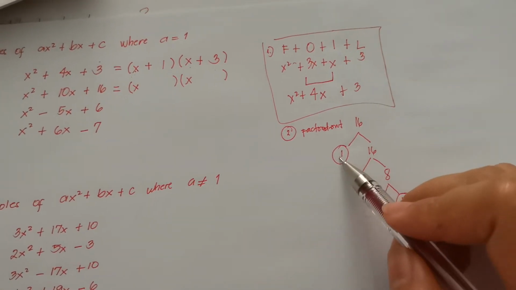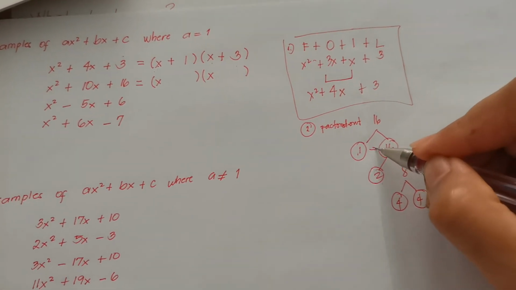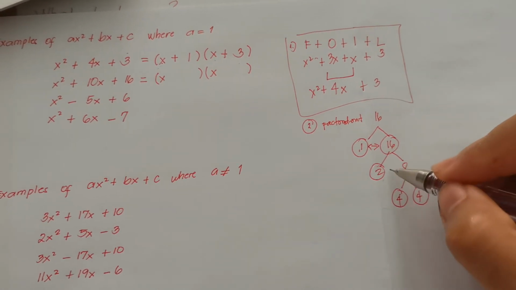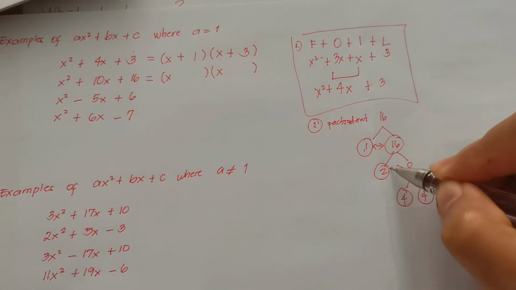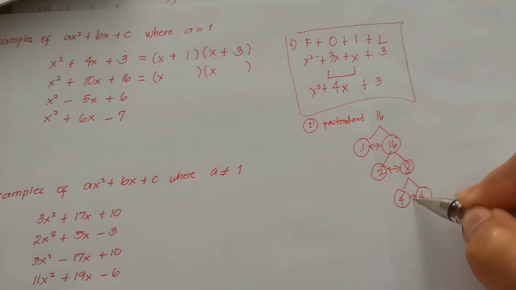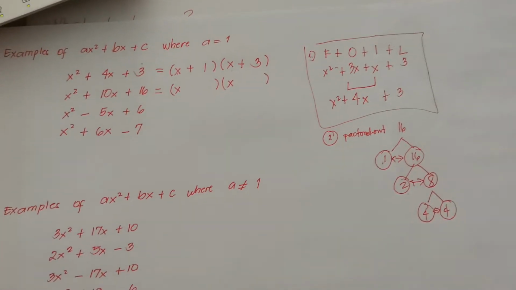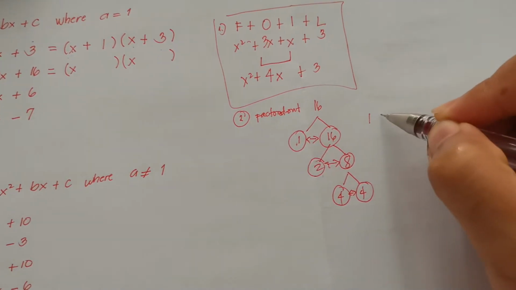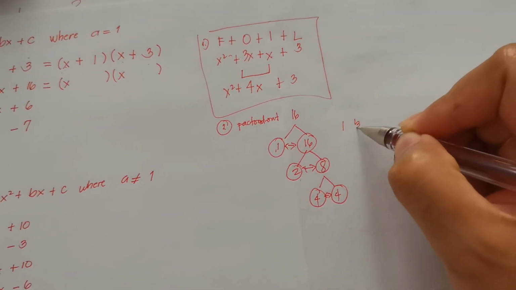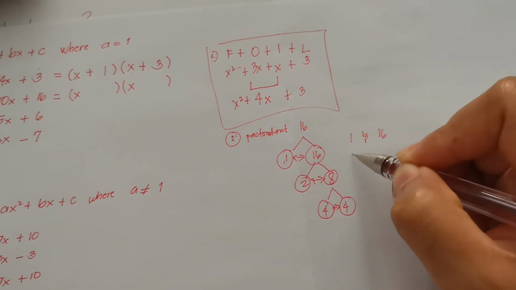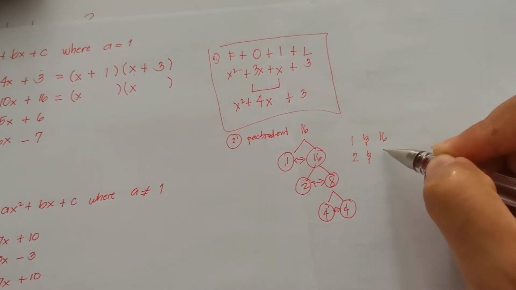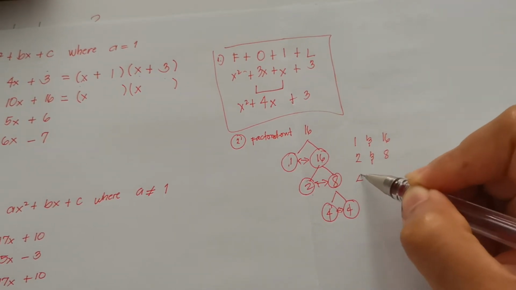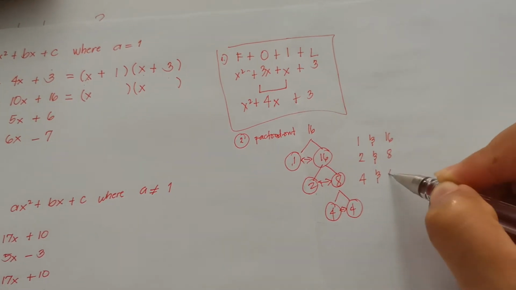We can use 1 times 16, we can use 2 times 8, or 4 and 4. Again, we have 1 and 16, 2 and 8, 4 and 4.